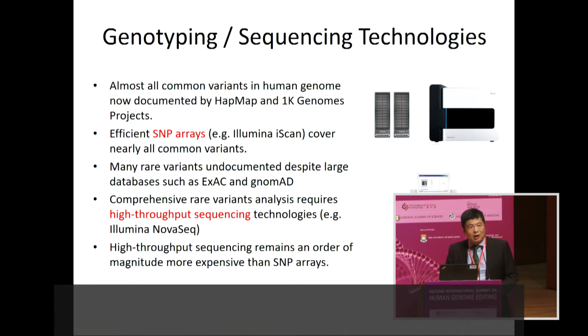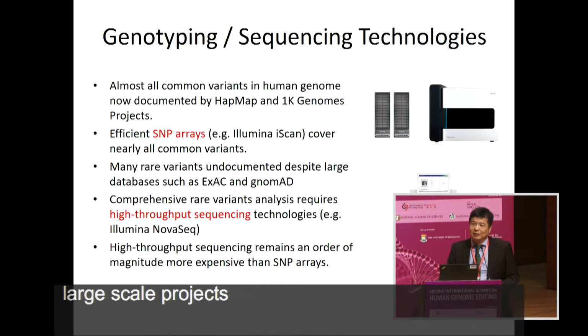For common variants, we now have pretty much a complete catalog of them across the world population. These have been obtained by large-scale projects, such as the HapMap and the 1000 Genomes. The outcome is that we can now genotype them very efficiently using SNP arrays.